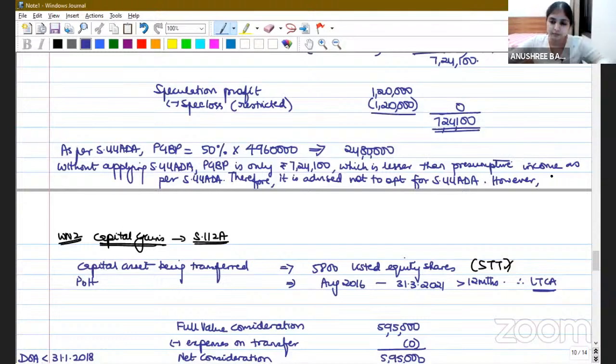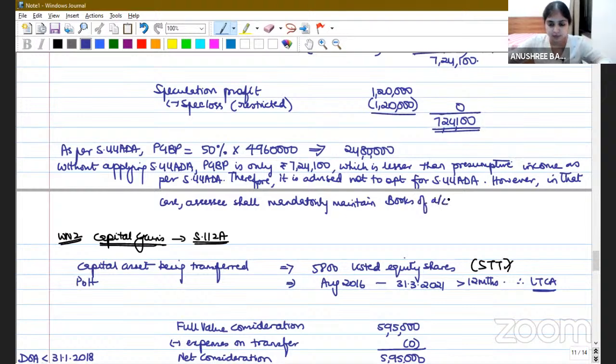However, in that case, the assessee shall mandatorily maintain books of accounts under section 44AA and get them audited under section 44AB.